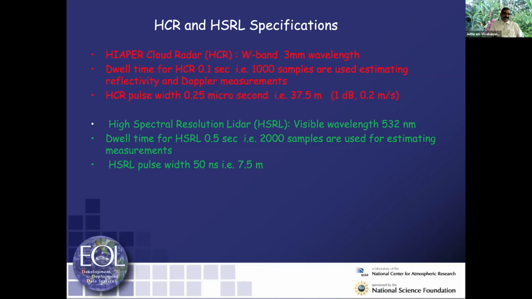The LiDAR is a green visible wavelength, 532 nanometer or 0.5 micron. The dwell time is about half a second, because it's a micro pulse LiDAR that collects lots of samples to come up with the backscatter measurement. It has a 50 nanosecond pulse width, and about 7.5 meter resolution along the range.